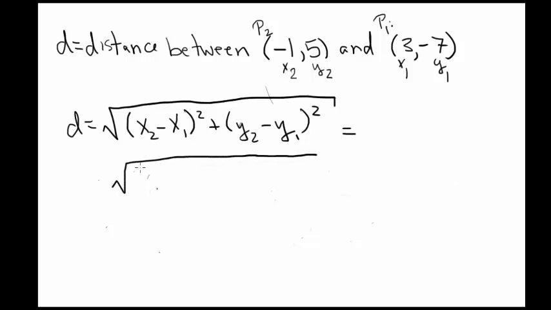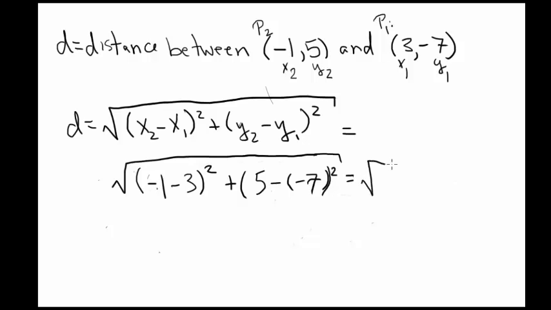And we see that our distance formula now gives us -1 minus 3 squared plus 5 minus -7 squared, or -4 squared plus 12 squared.